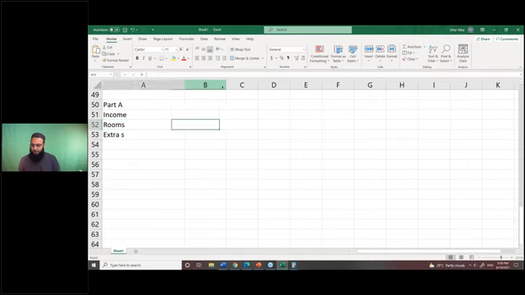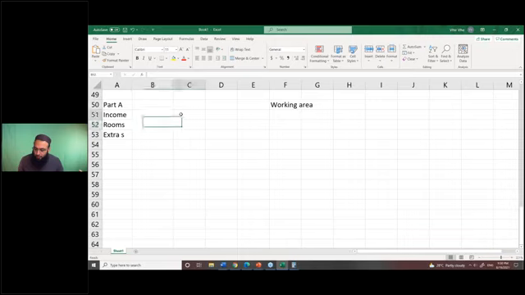Now, if I want, I can do my calculations in a working area as well. So I can open a working area and give the references of the working area as well. It's up to you how you present the information. So the first thing is working one.